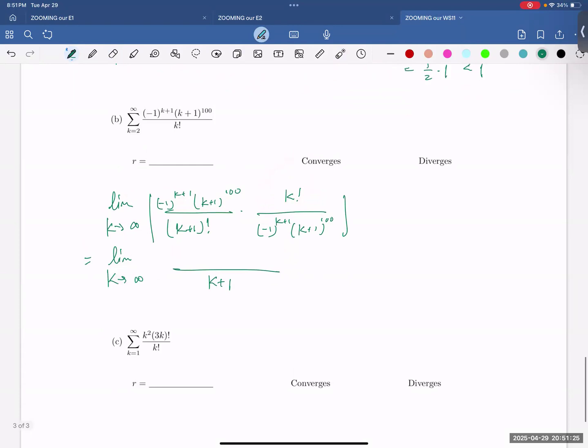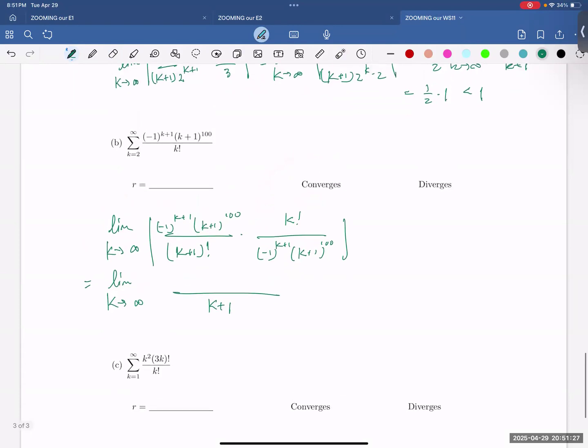Oh, you know what? I did that a little wrong. Let's go back. This should be the k plus 1th over the kth term, so this should be k plus 2. All right, so k plus 1, k plus 2.